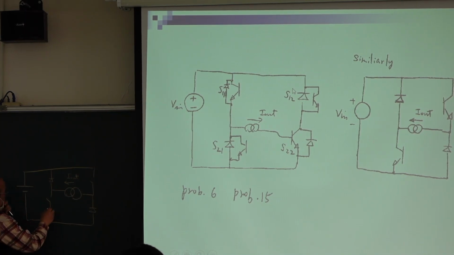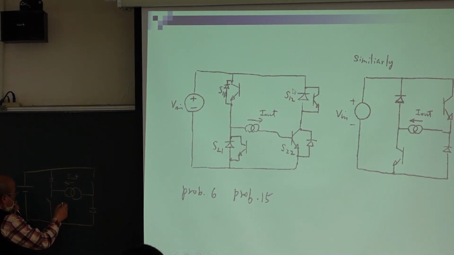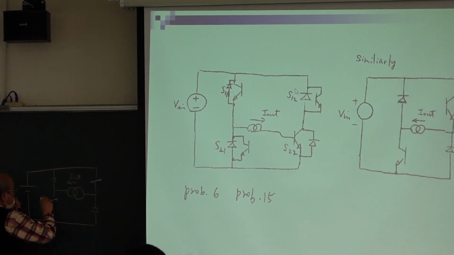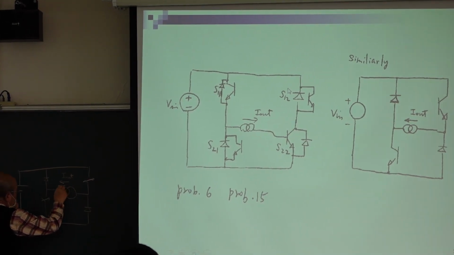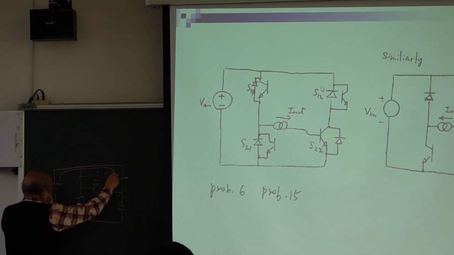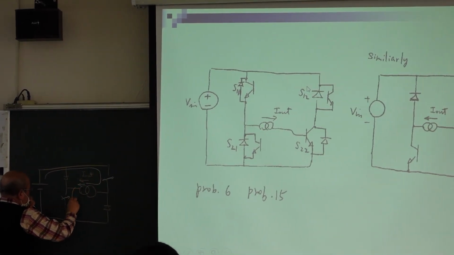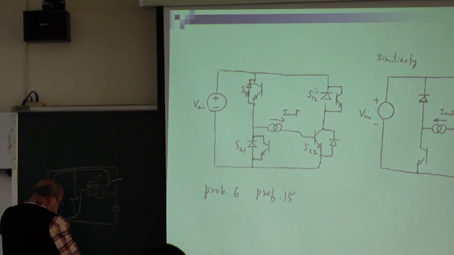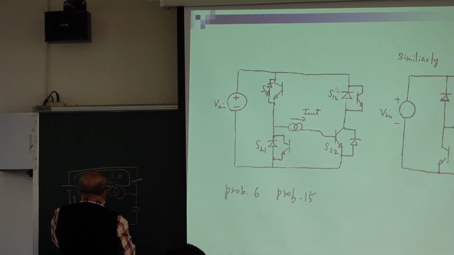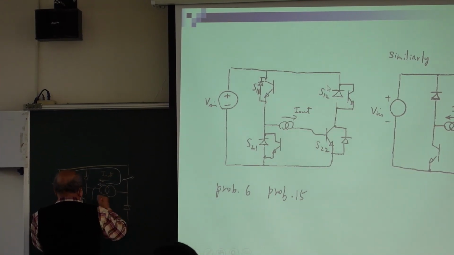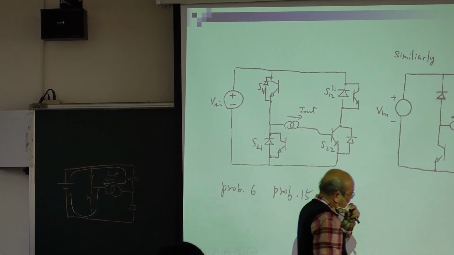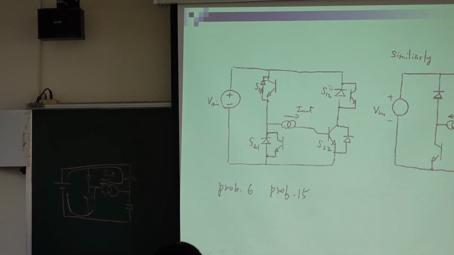If we turn on this one, the current goes this way. It goes from here to here, and goes back here. Okay. If you turn off here, and turn off here, now you have to keep the same current direction.